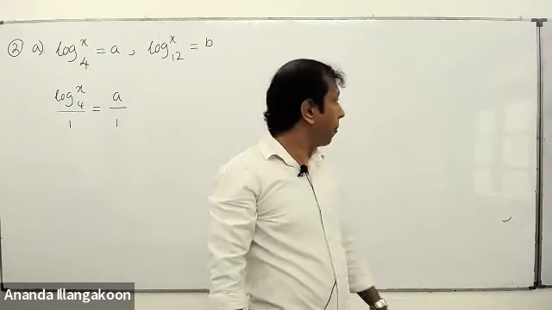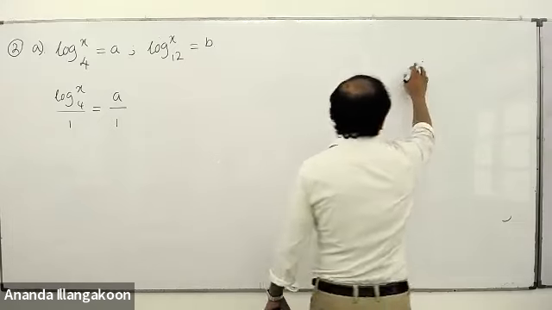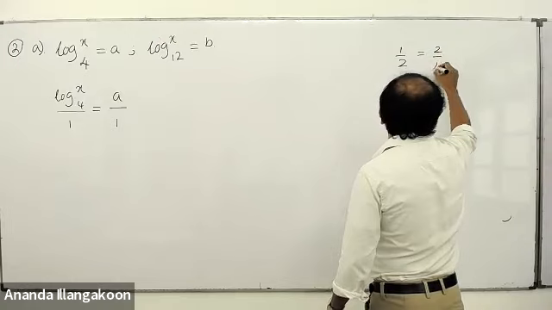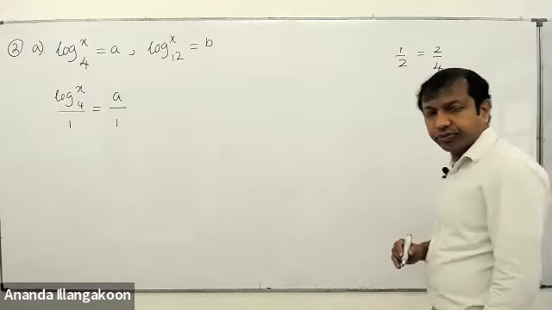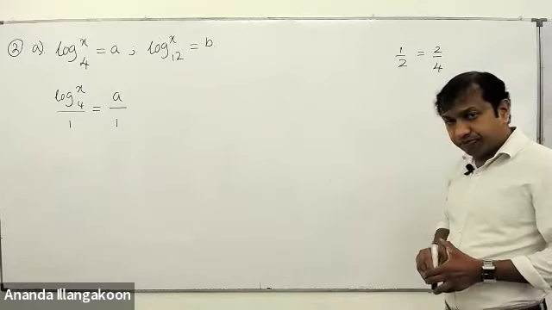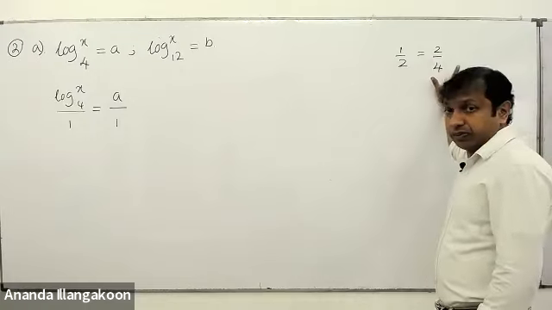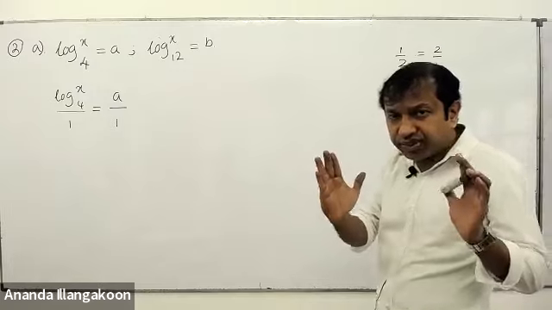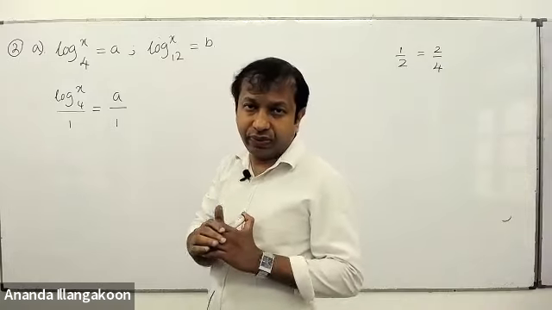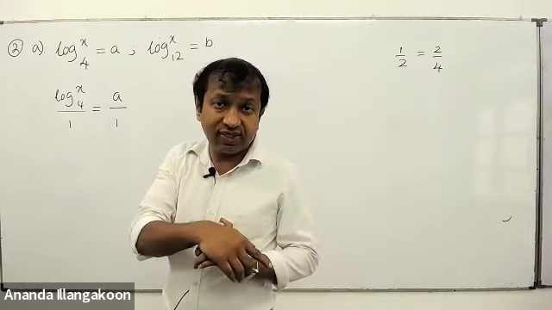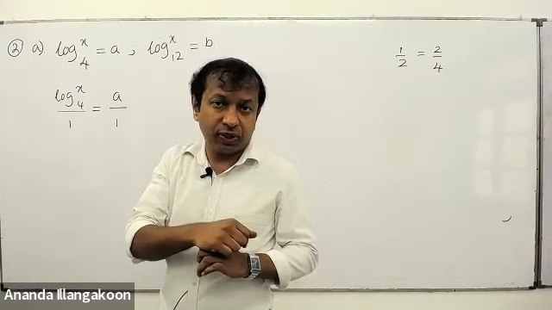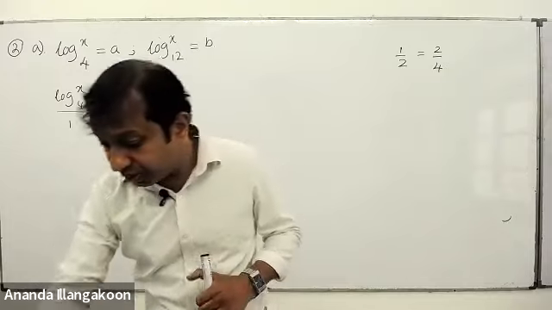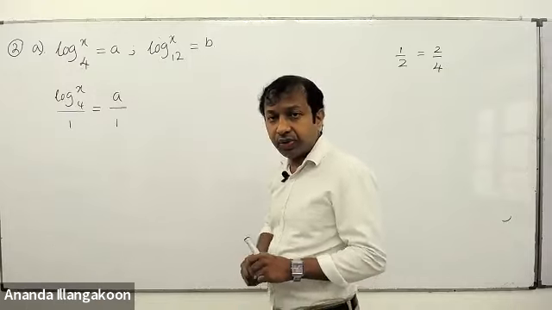Now see here, we know half is equal to 2 by 4. These two fractions are equal. When two fractions are equal, it is called a proportion. That part we discuss next under the basic math part in the same lesson. In a proportion, we have a certain property.